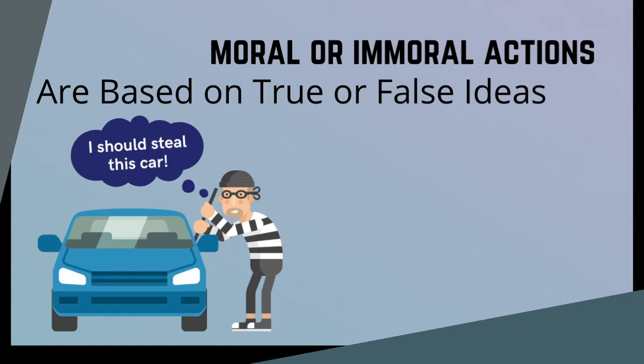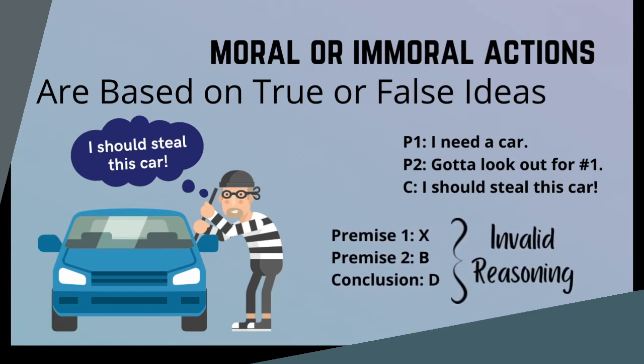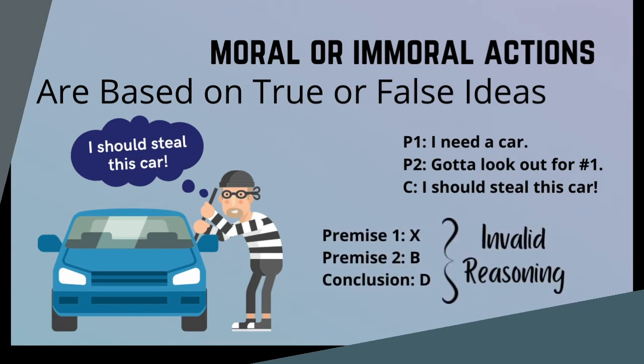They may support this idea through any number of justifications, which can be represented as premises in an argument for the conclusion, I should steal this car. If stealing the car is immoral, and it is, then somewhere in the reasoning process in favor of the statement, I should steal this car, there will be an invalid structure to the argumentation, or an untrue premise, or, once again, both.